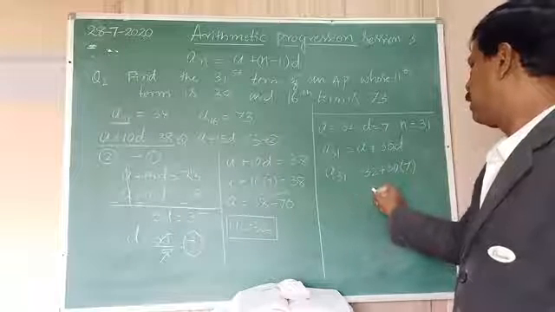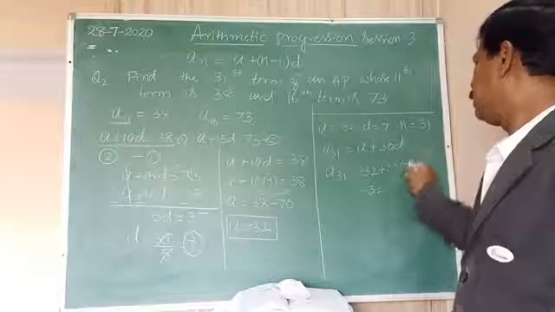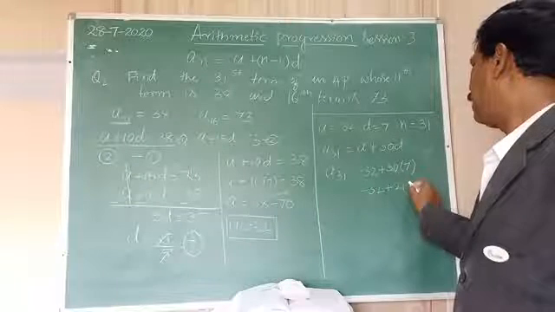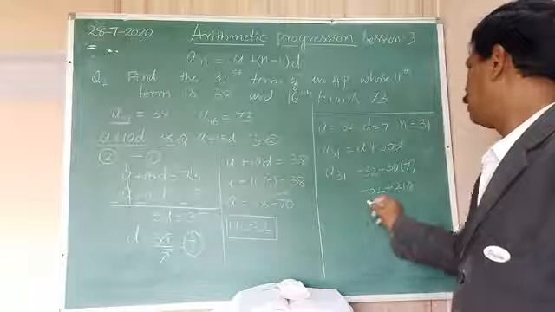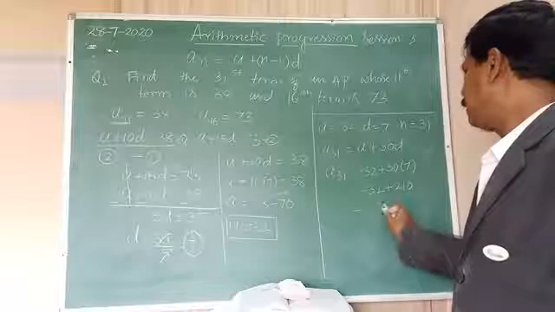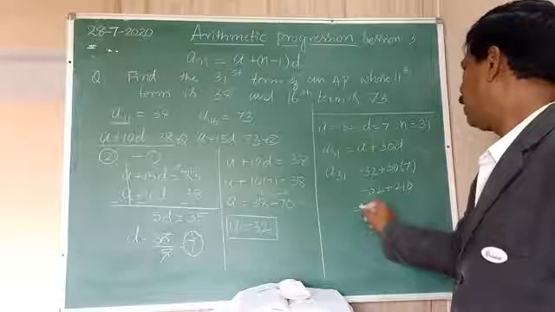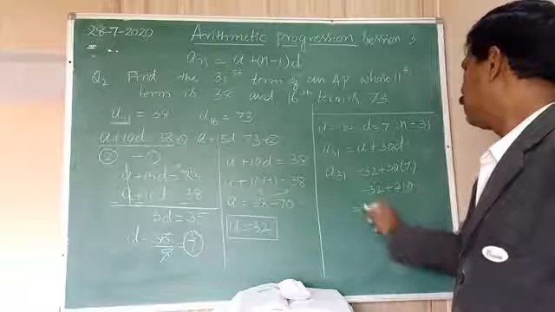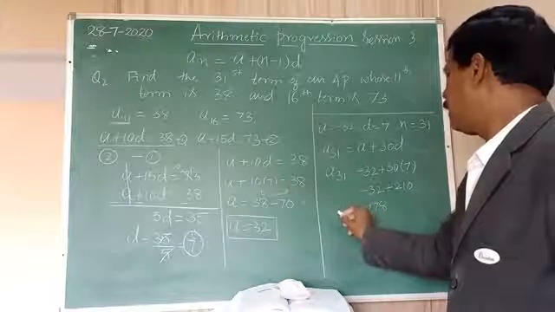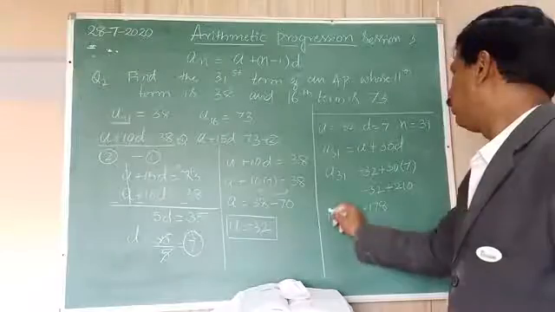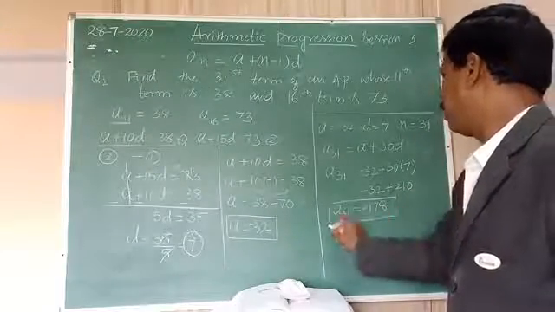That is minus 32 plus 7 threes are 21, 210. So 210 minus 32 is 178. So this is A31 of this AP.